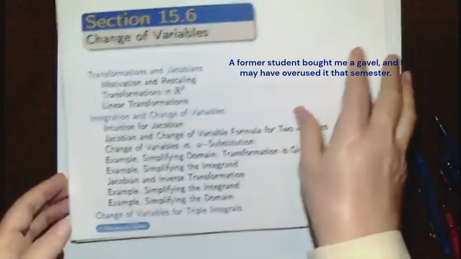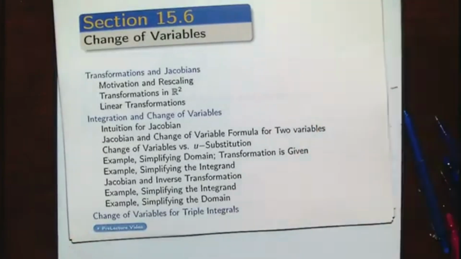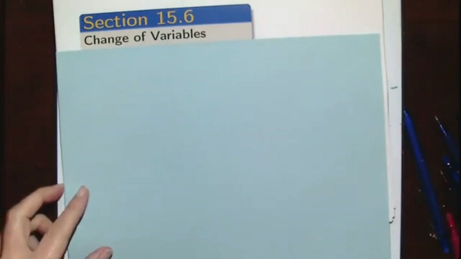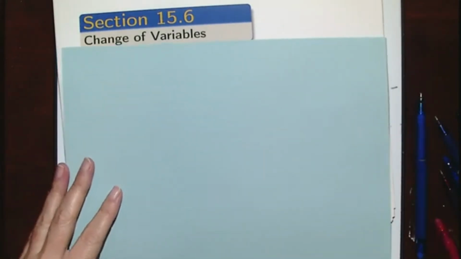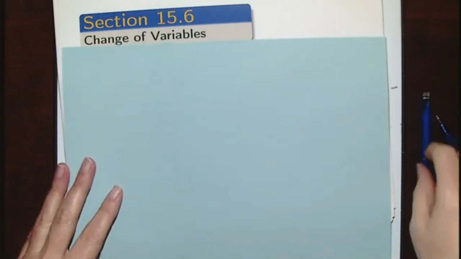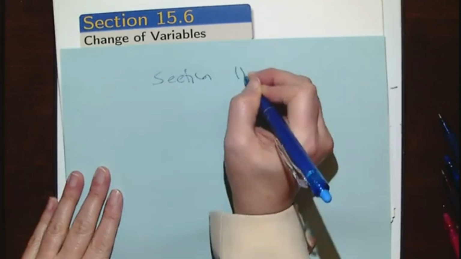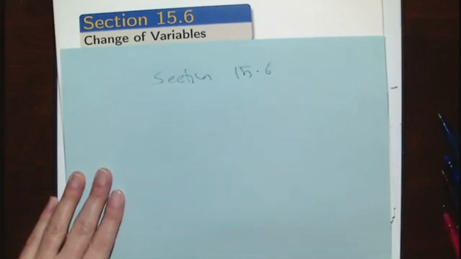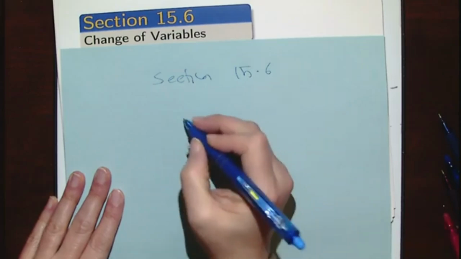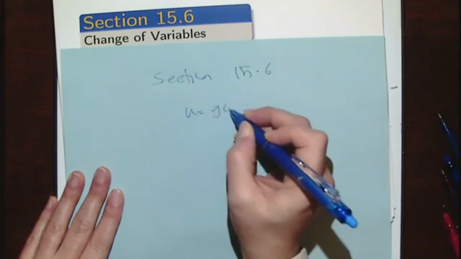Okay, we're starting the next section. I'm enjoying this so much. Next section is section 15.6. Do you guys remember the u substitution from Calc 1? What was the story in Calc 1? u was equal to some g of x, right?